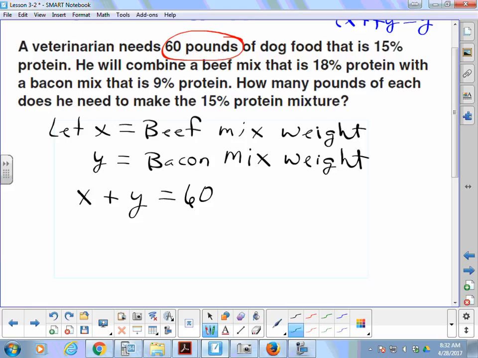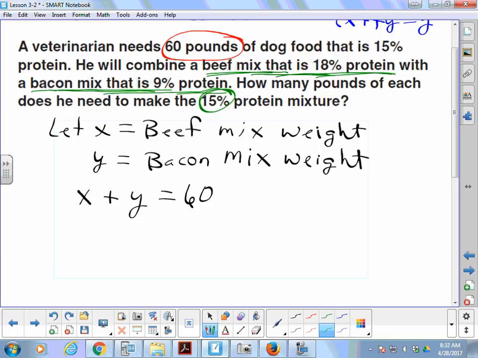Then we will use what we call the parameters of them. The parameters here are that 18% of the beef mix is protein. The bacon mix, 9% of that is protein. And our total is going to be 15% protein.